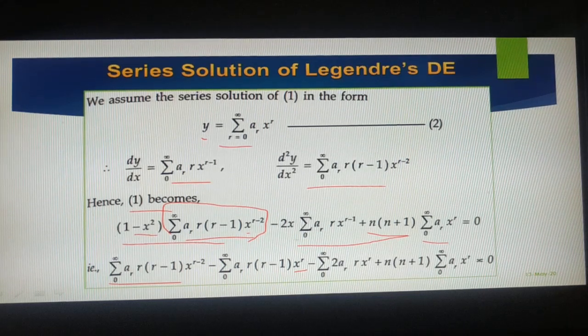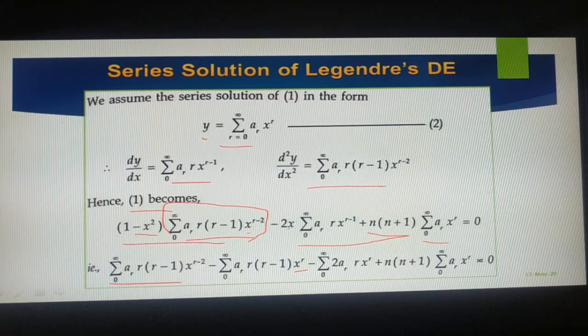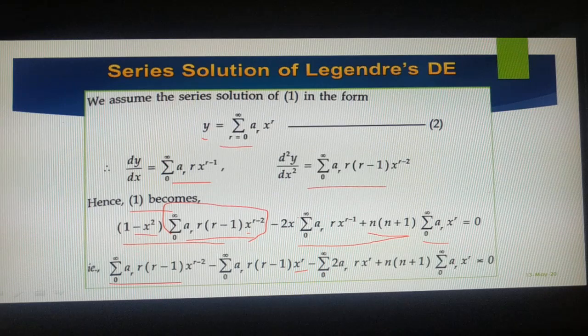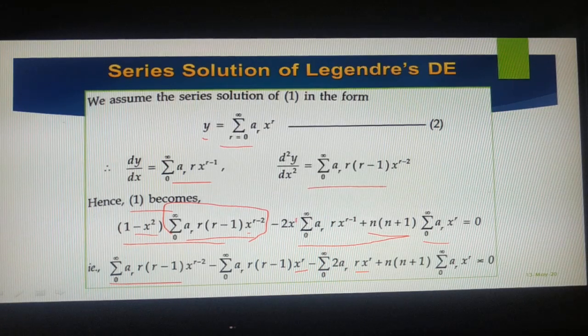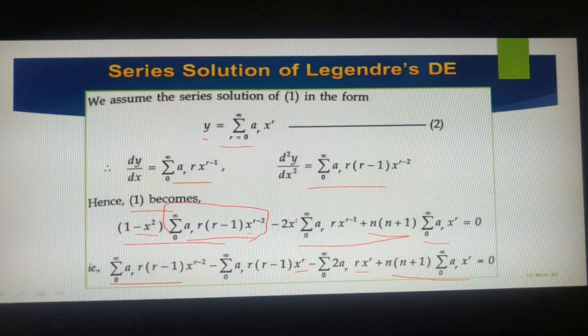In this term, if I multiply the minus 2x inside, we get minus 2 ar r, and x power 1 will be there, so that becomes r into x to the power of r. And of course, here there is no change, we simply write it up.